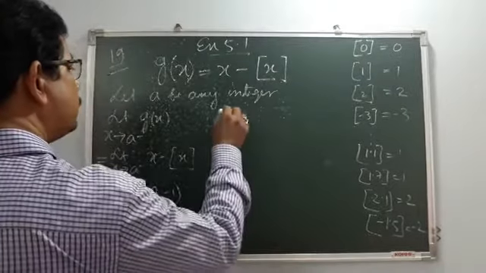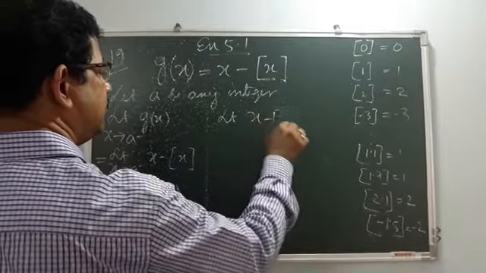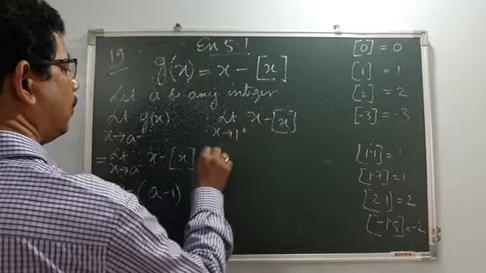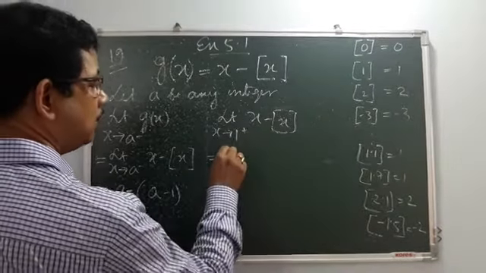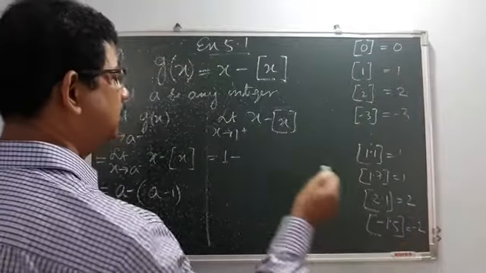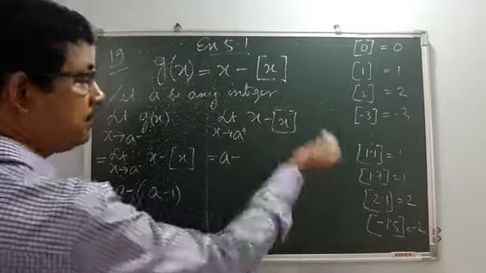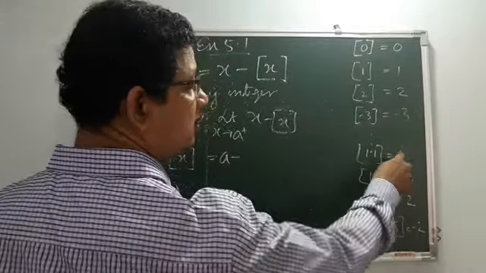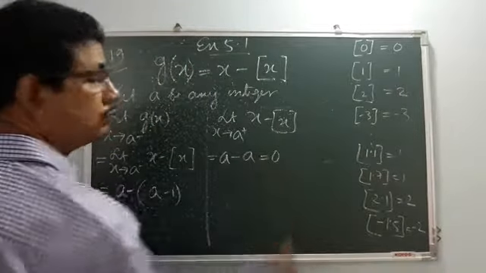Now consider the right hand limit of g(x) as x tends to a plus. If x is a little bit greater than a, no problem, for 1.1 it gives 1, so this will remain a. So this is 0.